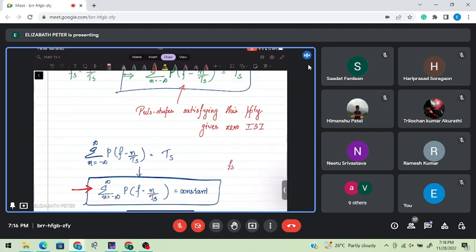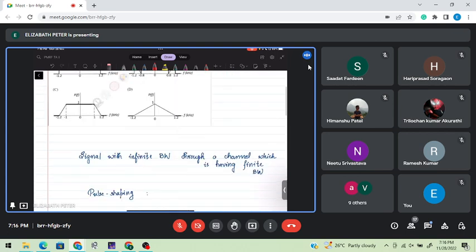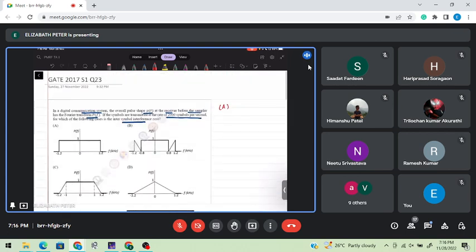Fs is given as 2000 symbols per second, so Fs is 2k. What we need to do is shift this P of f by P of f minus n times 2k and see whether its amplitude is constant.